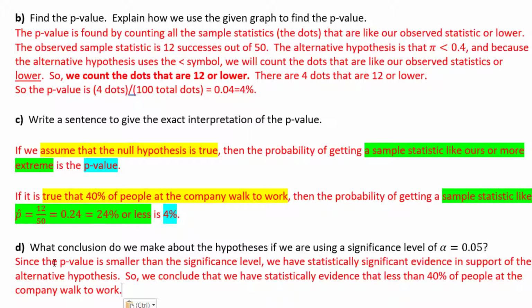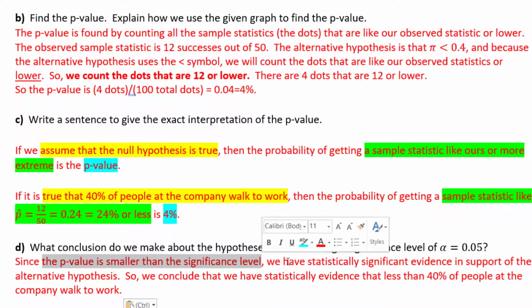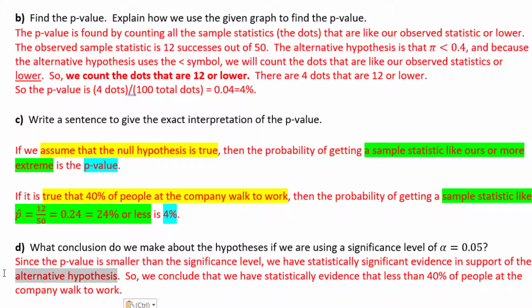In summary, since the p-value is smaller than the significance level, we have statistically significant evidence in support of the alternative hypothesis. So in context, that means we conclude that we have statistically significant evidence that less than 40% of people at the company walk to work.